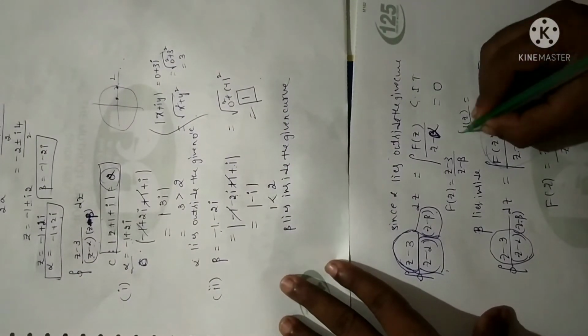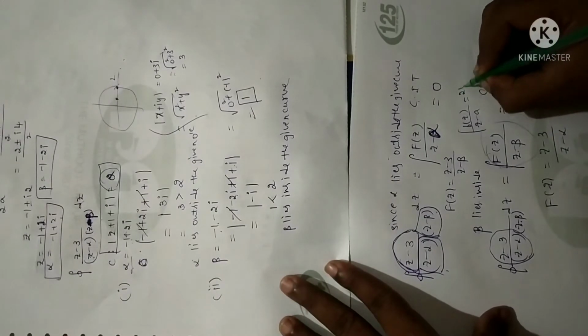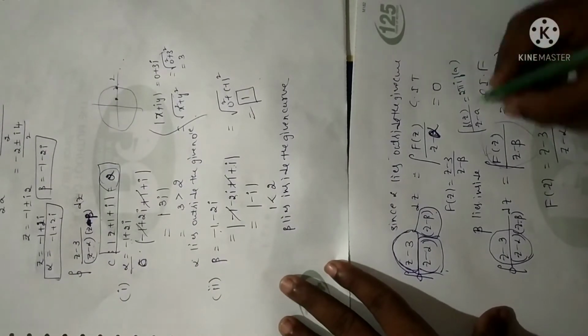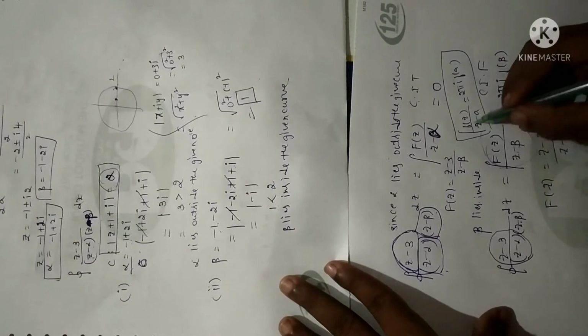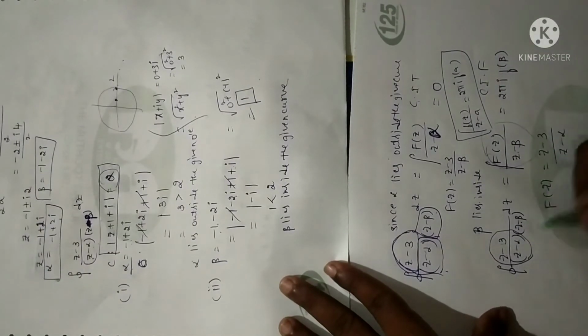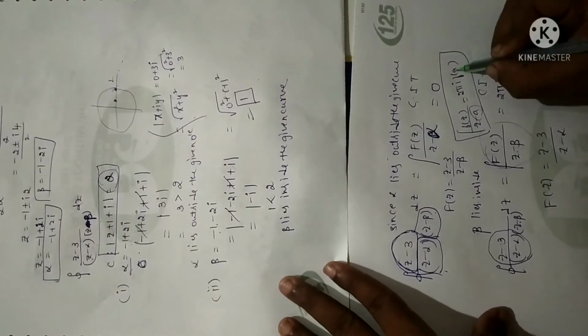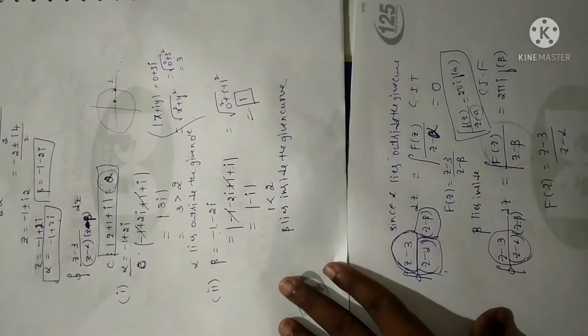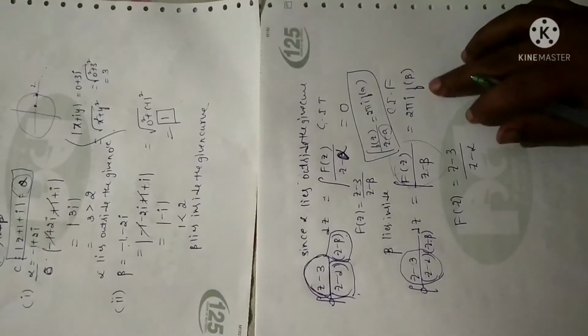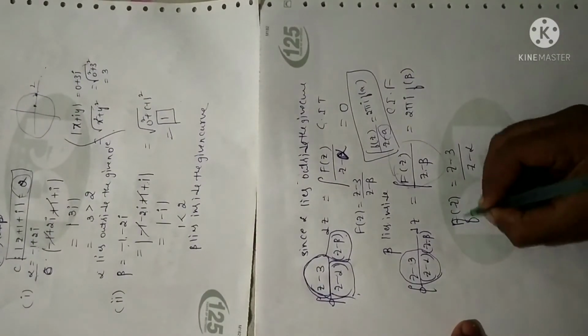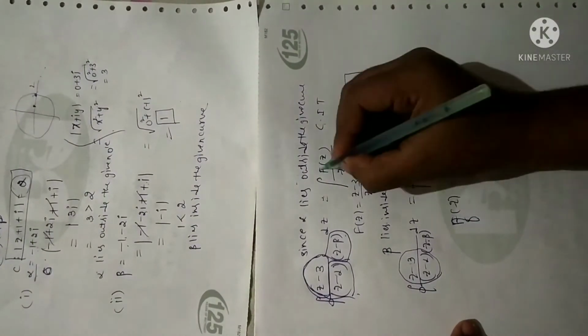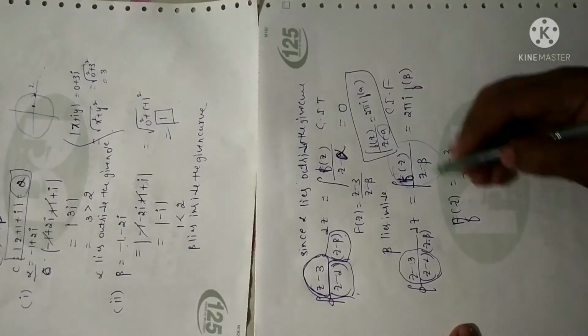As per the formula, we can write 2 pi i into f of a. In place of f of z, I have z minus 3 by z minus alpha, and in place of a, we have beta. So I have to write f of beta here. Now what I need to find is the f of beta value.